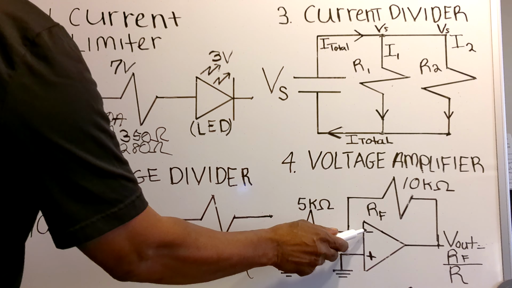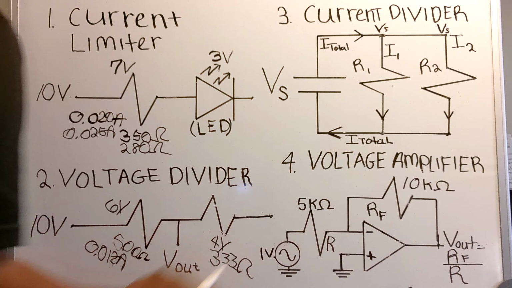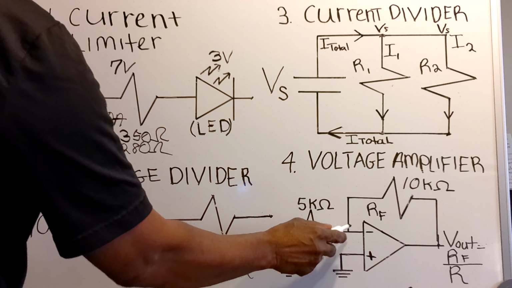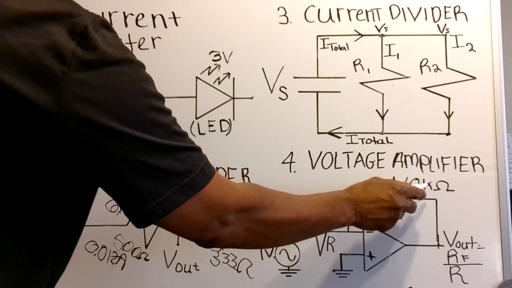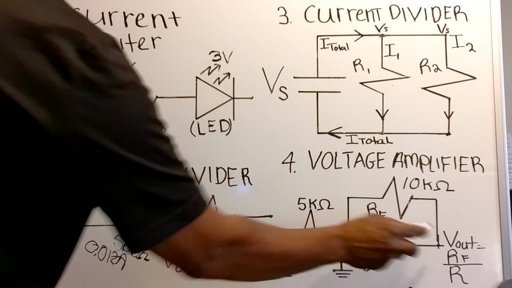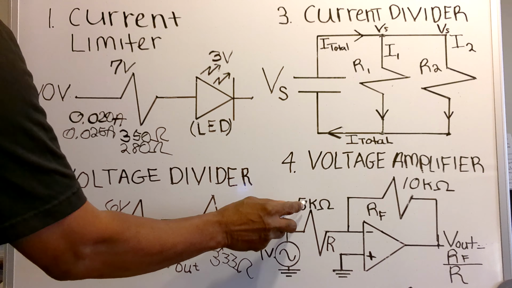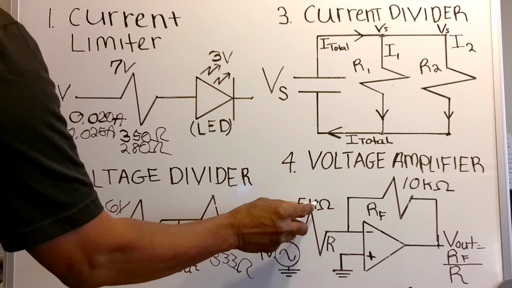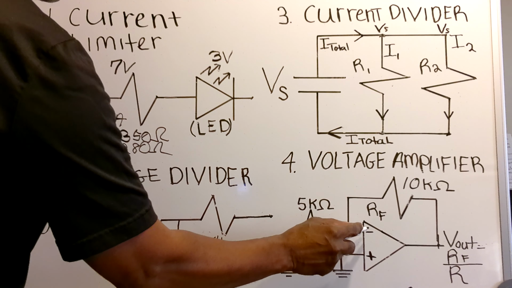This one is the inverting input. This one is the non-inverting input. Now, here I have a 10K ohm resistor at the inverting input and the output. Here I have a 5K ohm resistor at the input and the inverting input.